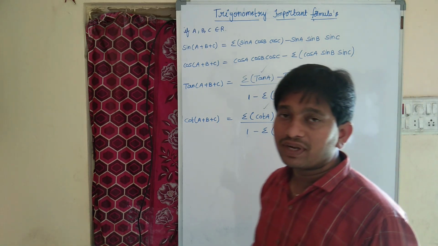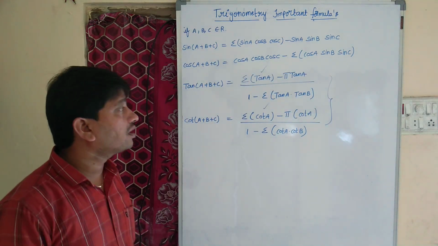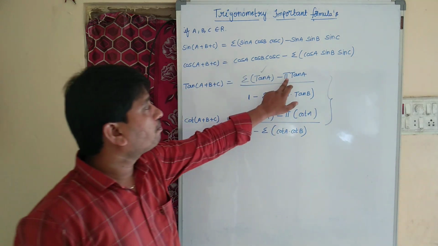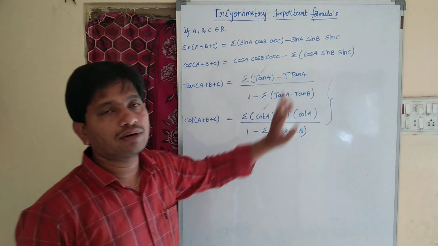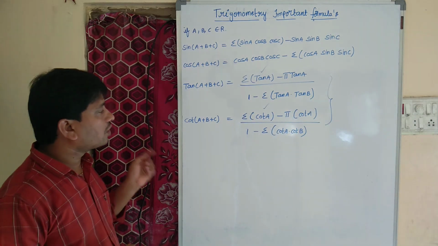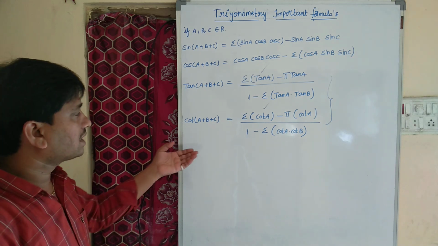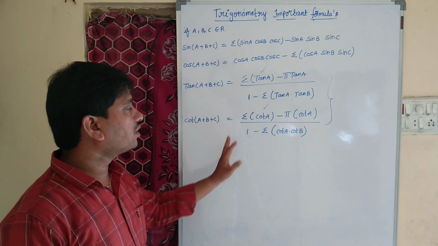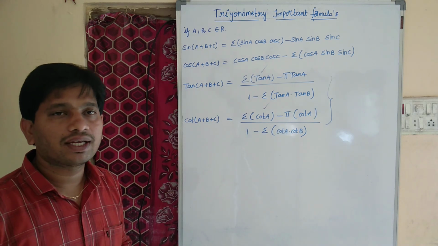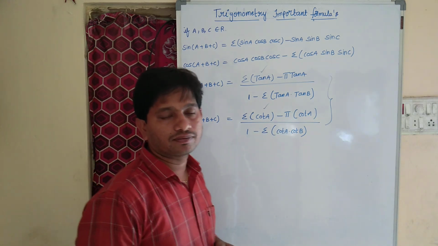So tan of (A plus B plus C) equal to (sigma tan A minus pi tan A) divided by (1 minus sigma tan A tan B). And then cot of (A plus B plus C) implies (sigma cot A minus pi cot A) divided by (1 minus sigma cot A cot B).